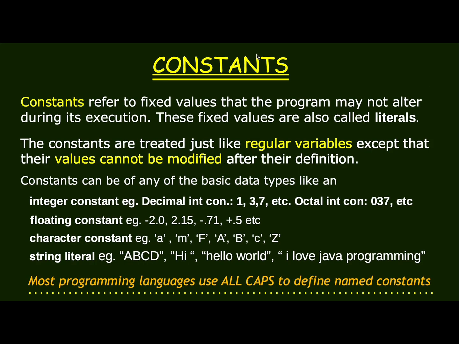Okay, colleagues, let's look at our last basic concept in programming in this unit. Now, constants. What are constants? Unlike variables, constants refer to fixed values that the program may not alter during its execution.